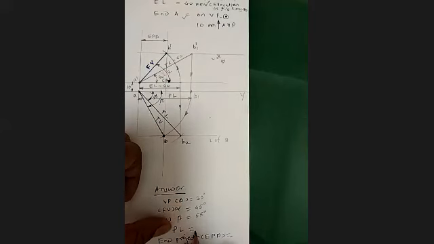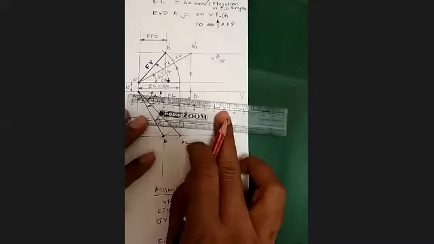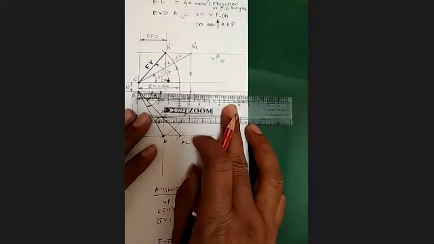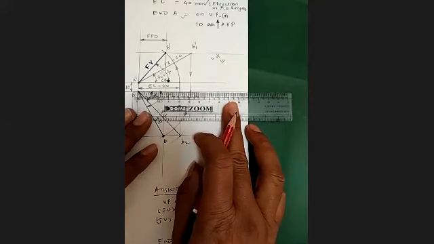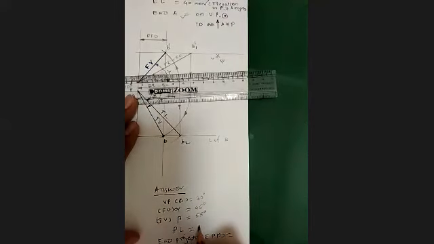Then TL, you might be getting 55, 54. How much is TL? Maybe 50. Otherwise, I will check it from mine. 53. 53. Yeah, so I am getting 52. I will write 52 here.